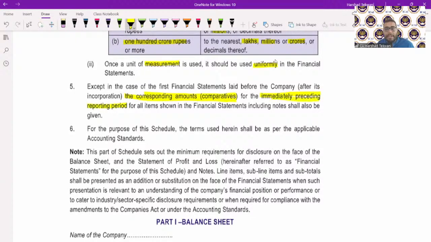Again, immediately preceding reporting period it says, not the financial year. For example, if I'm preparing a quarterly financial statement and following Schedule 3, then my immediately preceding reporting period will be that particular quarter. Whatever period I'm presenting as of now, let's say 9 months, the immediately preceding reporting period will be of that particular item. Clear?